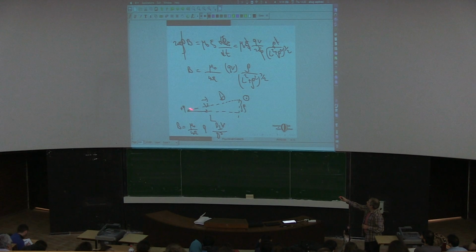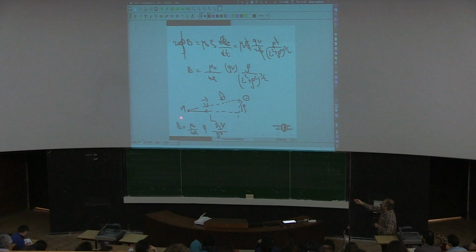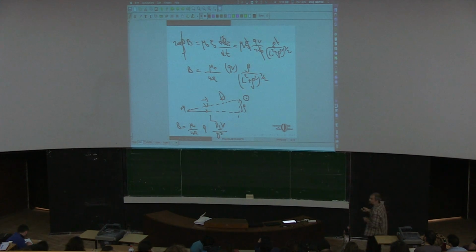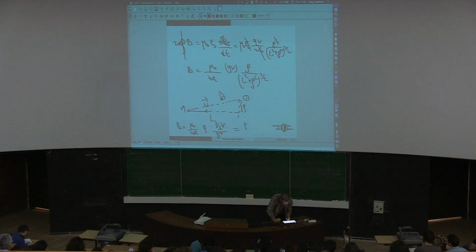Now, D perp is the component of D, if we just think of it as a vector, perpendicular to V. It is nothing but rho. L squared plus rho squared is nothing but D squared, to the three halves, that gives me the D cubed. But this is nothing but mu0 over 4 pi Q, D vector cross V divided by D cubed in magnitude.